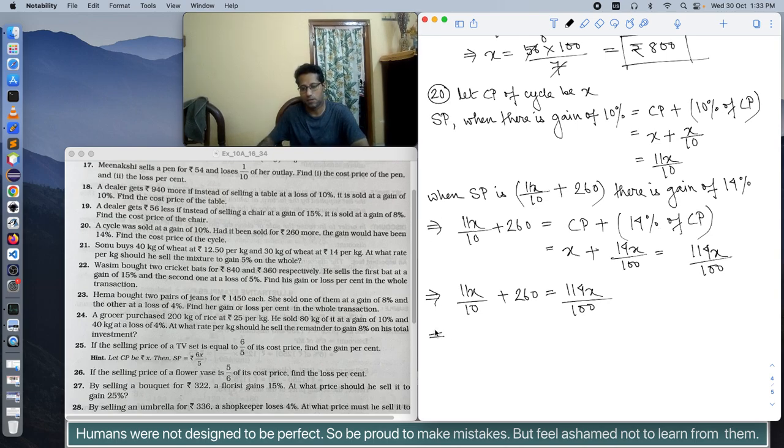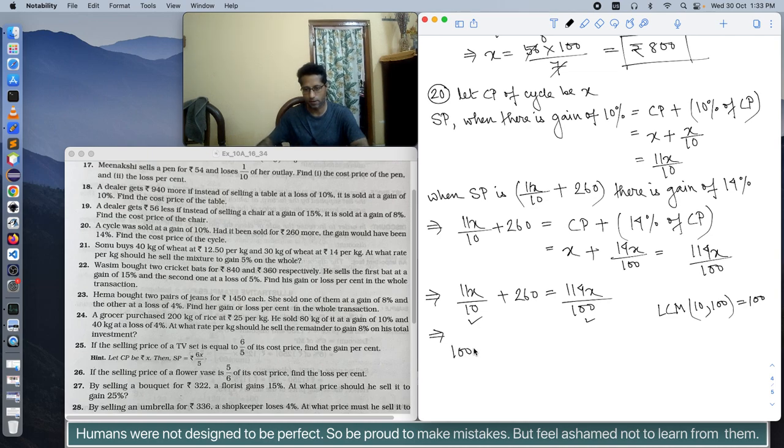Since the denominators are 10 and 100, their LCM is of course 100. I would like to multiply both the sides by 100 so as to get rid of the rational terms.